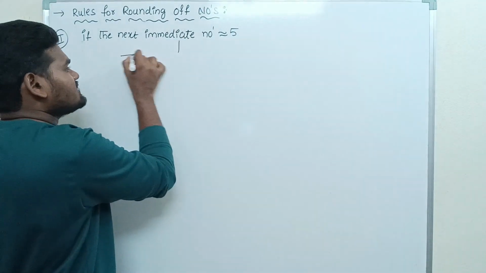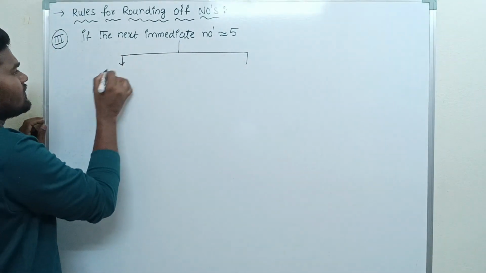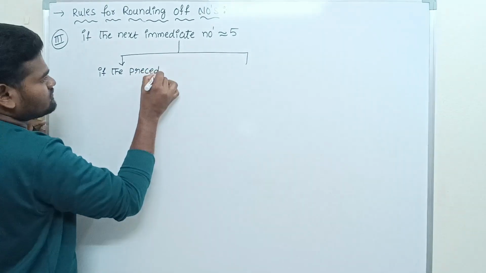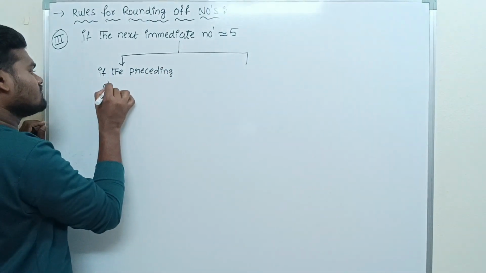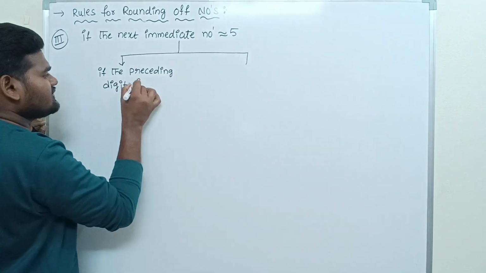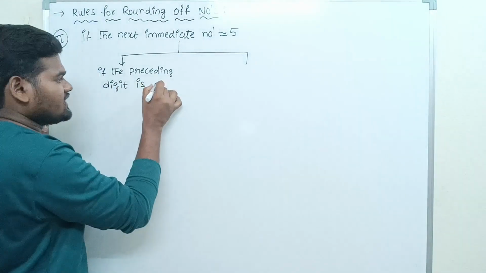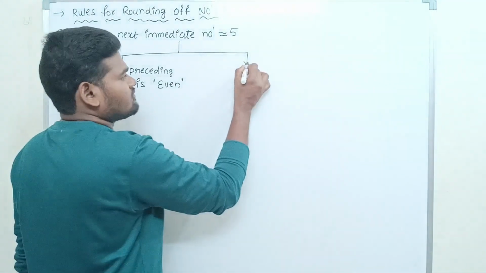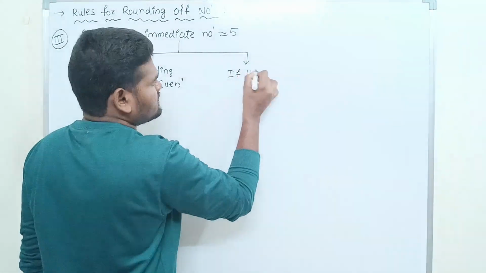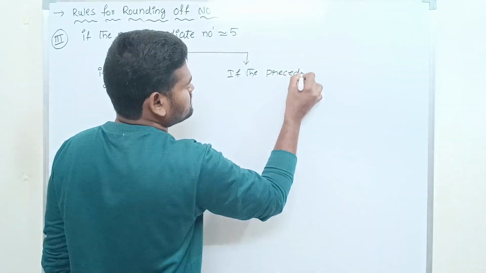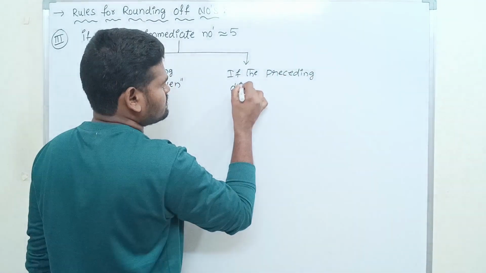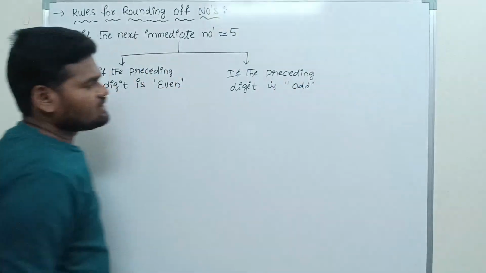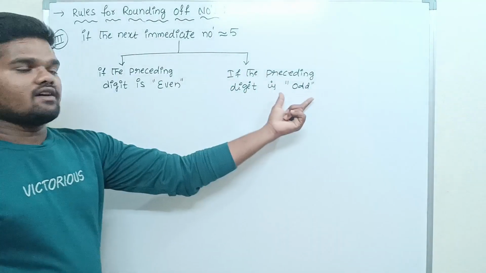We will get two cases. The preceding digit is even, or the preceding digit is odd. We have to check the preceding number, whether it is an even number or an odd number.